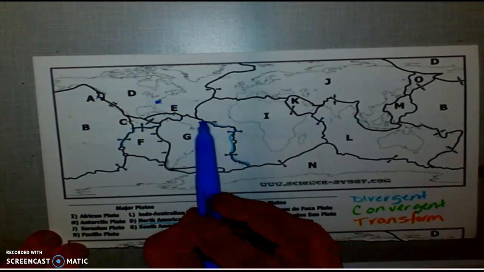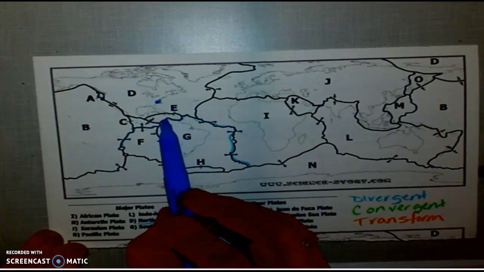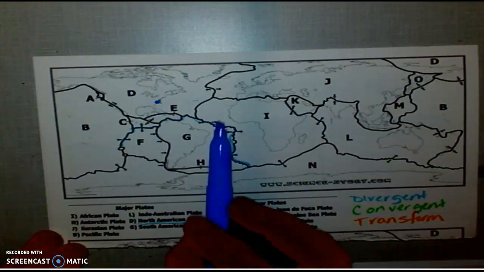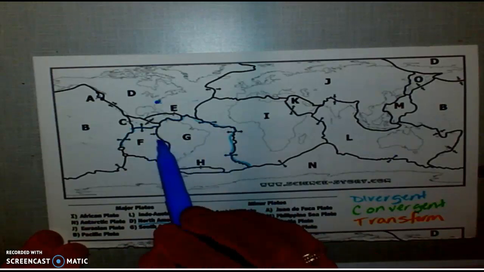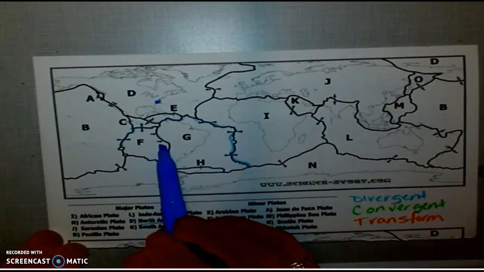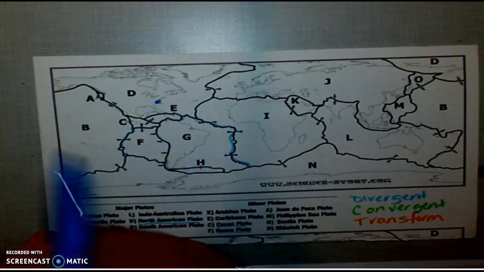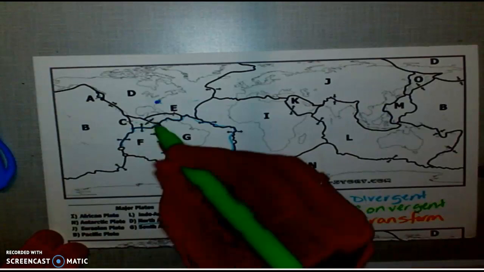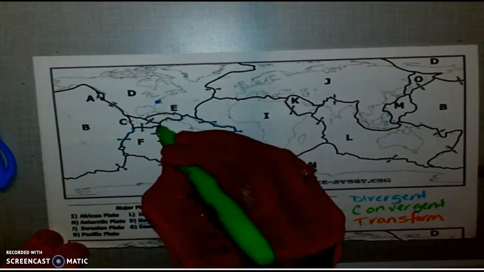So I'm kind of going through and marking which ones are the divergent and which ones are the convergent plates right here. So I go, well, wait a minute, what's over here on this side? Well, if this is pushing this way and this one's pushing this way, then obviously that one has got to be a converging plate, right?